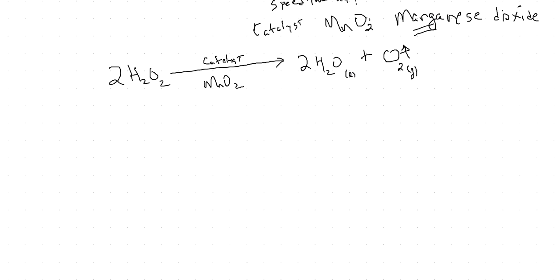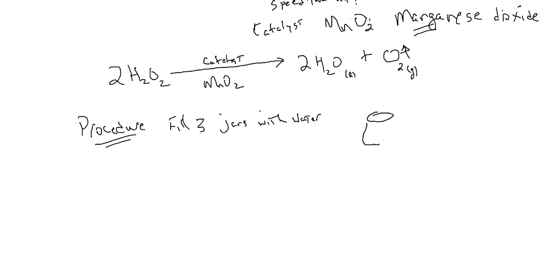Okie doke. All right, so here's the procedure, and I'm sorry for my poor artwork, okay? We're going to fill 3 jars with water. So this is supposed to be 1 jar. Make believe that's a jar.